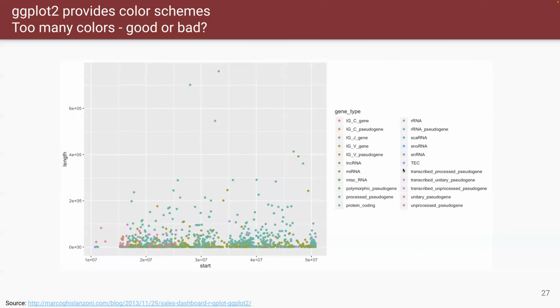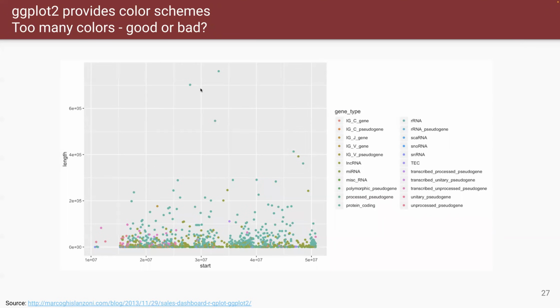And what is the bad thing about this plot? What is the problem with this plot? The problem is there are too many colors, right? There are too many colors from red to purplish.